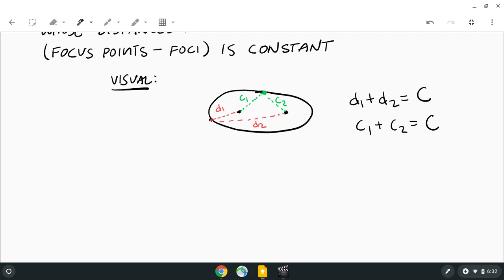All right, let's take a look at the equations. If you take a look in your book, it gives you two equations of the ellipse. I work with just one and generalize everything else, so there's less to memorize.